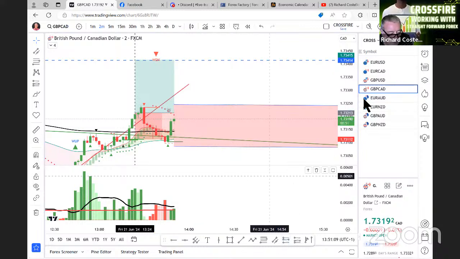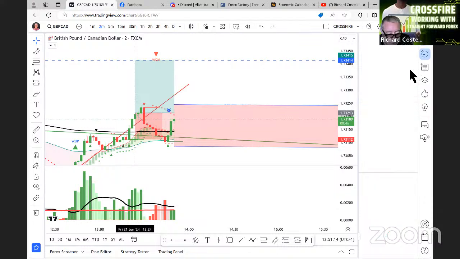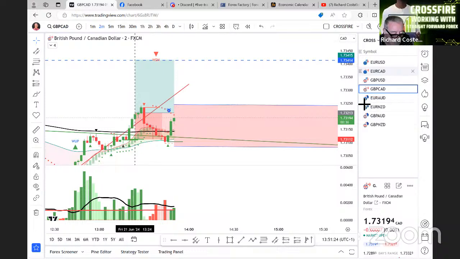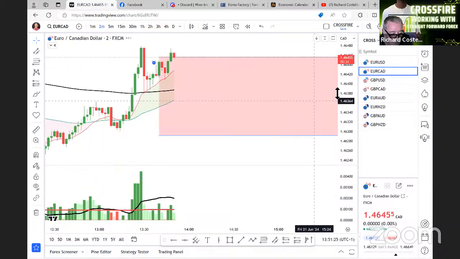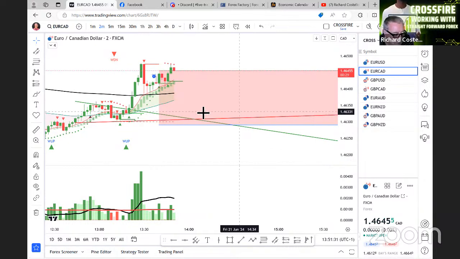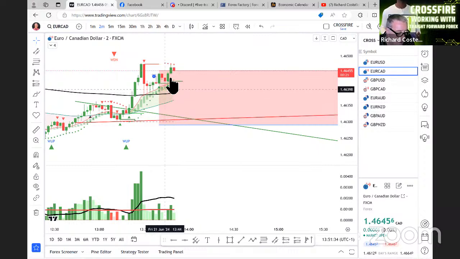Now, what was that alert that we just had? Then I can go and have a look. So they were both on Euro card. Let's have a look at Euro card. Right, so we had two alerts, and there's a little bit of a glitch on this alert. I asked for an alert when price moved outside my channel, when it exited the channel.